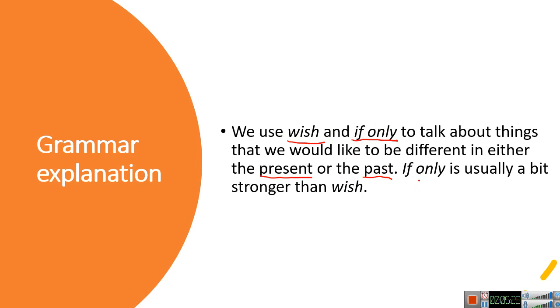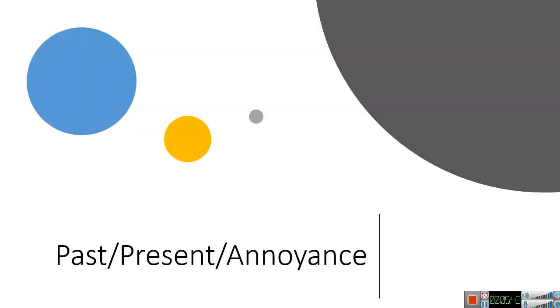However, if only is usually a bit stronger than wish. Notice how it's just a bit. It's not completely different. It's only a bit stronger than wish. For this, as you see in the analysis, we have past, present, and annoyance.